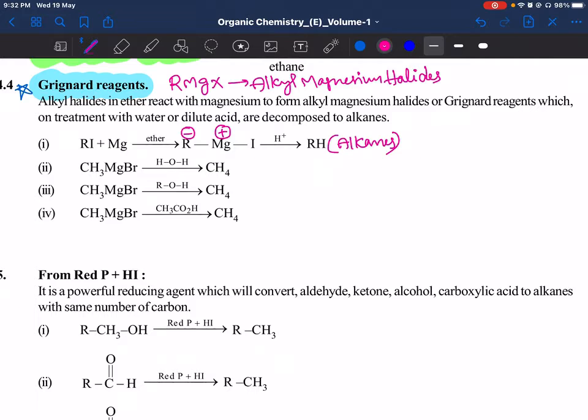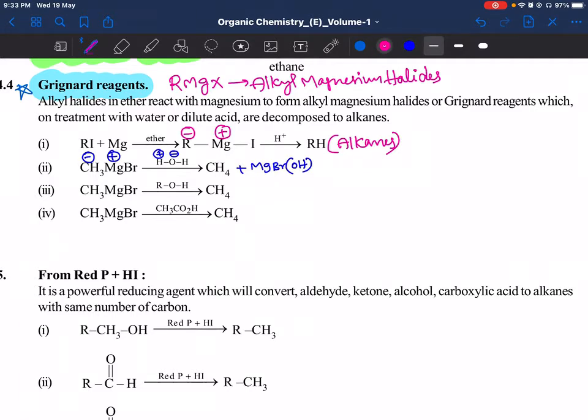Okay, I will show you now. See, CH3 minus Mg plus and H plus OH minus. Now this CH3 minus and this H plus combine together giving methane, plus MgBr OH.